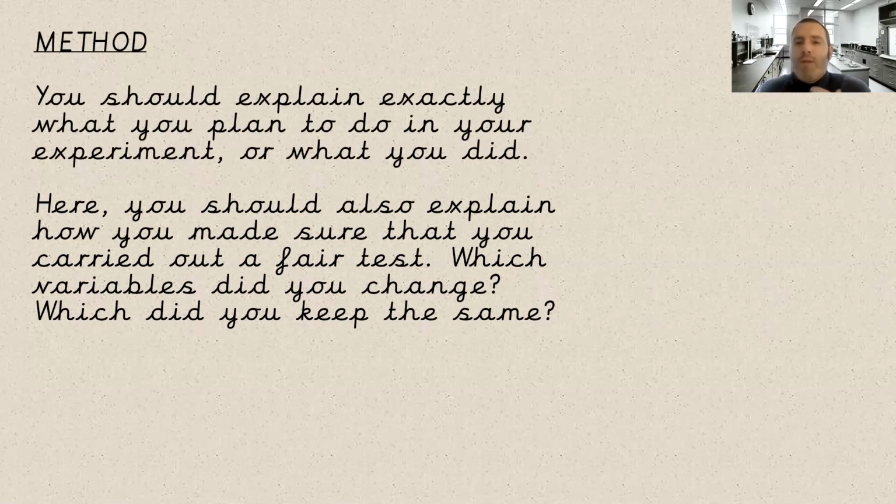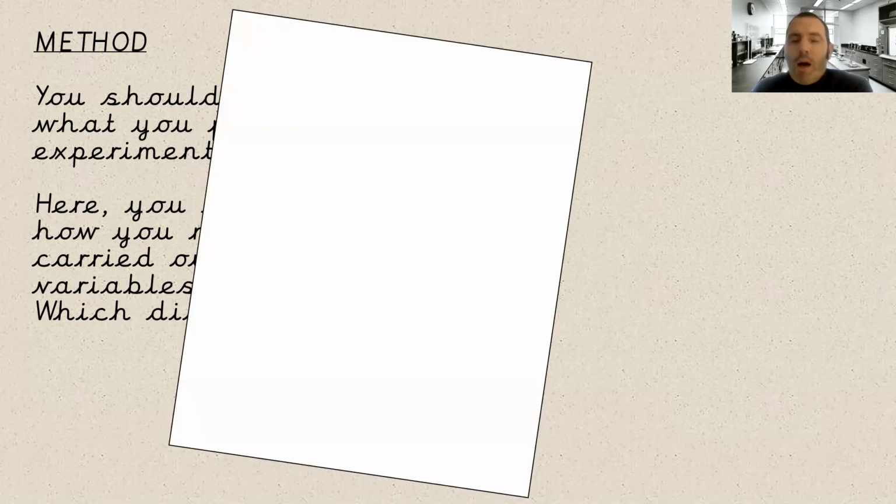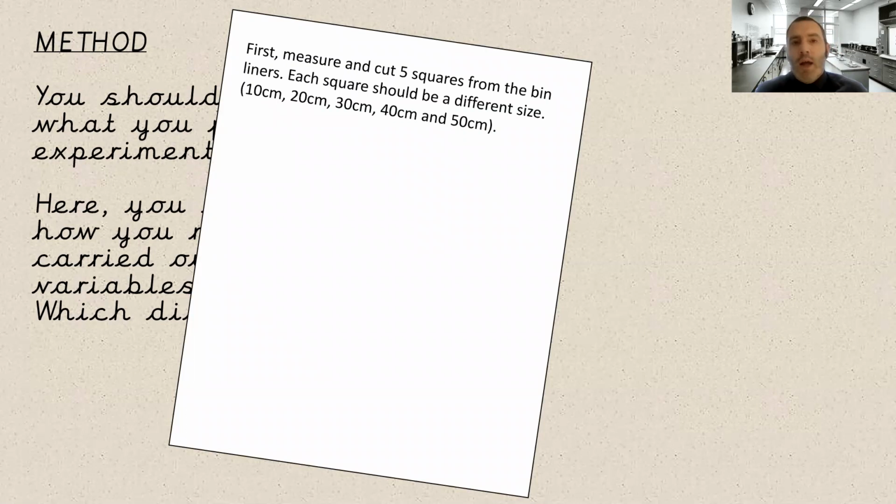We had the number of things that were changing kept to the absolute minimum. So when you're doing your investigation, make sure you have 1, 2, at most 3 things that will change. Everything else you need to keep the same. In your method, you need to identify what your variables are, so what things change, and what you're keeping the same. So I will take you through an example of what my method's going to look like.